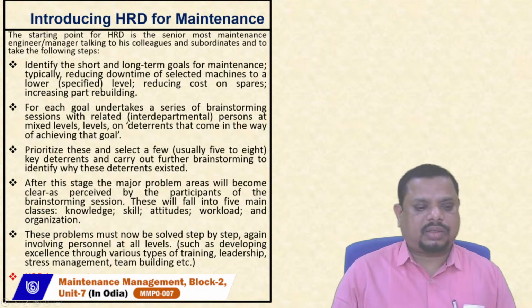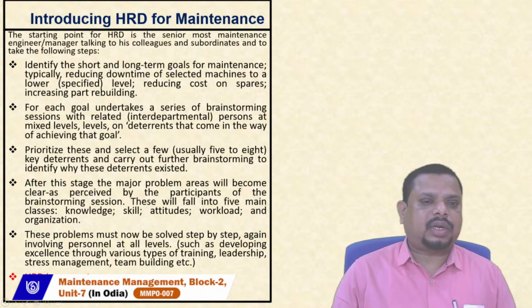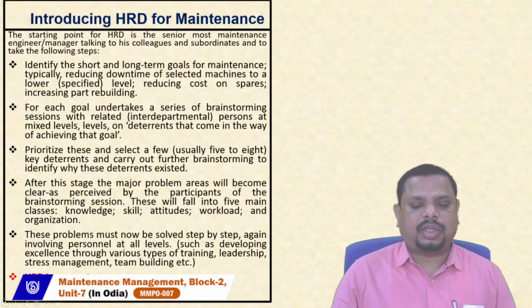If you go to the last point, HRD is a non-stop process. It is a continuous improvement process, so that every individual from the different levels of management, whether they belong to the top level, the middle level, or the bottom level of management, must understand the different aspects of maintenance management, especially the process and the strategies.